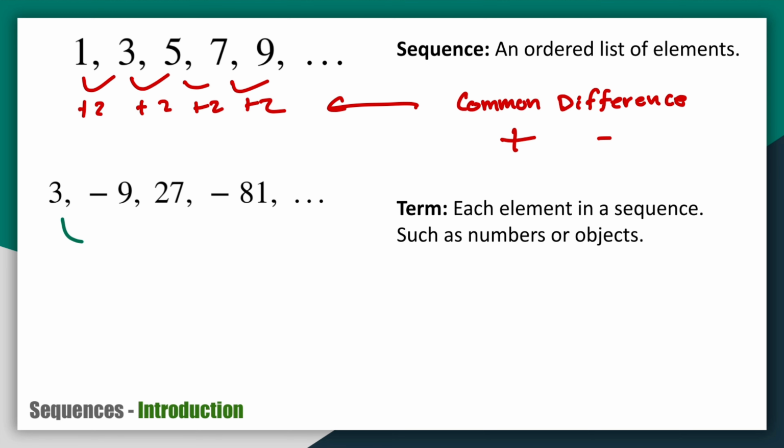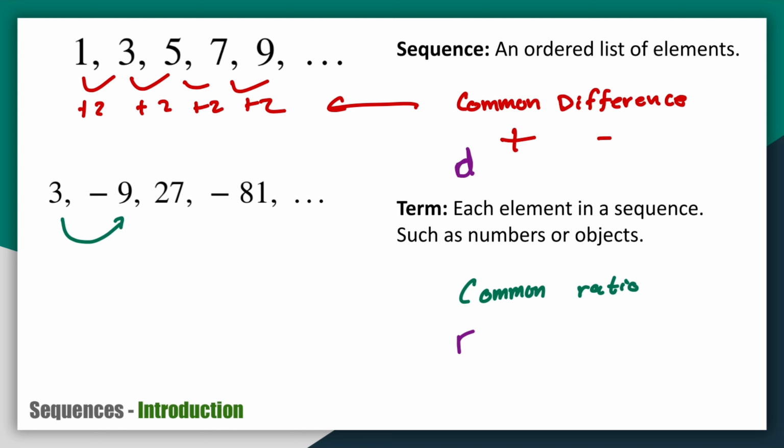So we have a difference, but we no longer call it a difference. We call this one a common ratio, okay? This one's defined as D, and this one's defined as R when you see it as a variable, okay?